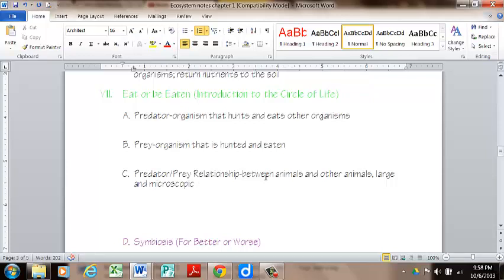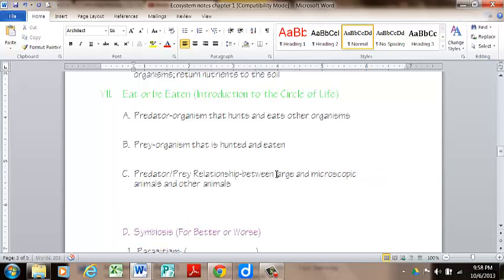And as I'm typing this, I'm thinking, I added large and microscopic here, but maybe I should change that and make it say between large and microscopic animals and other animals. I'm going to go ahead and move that. So we've got between large and microscopic animals and other animals.